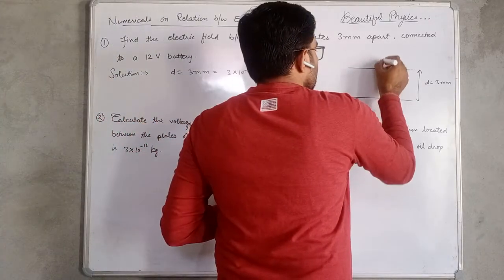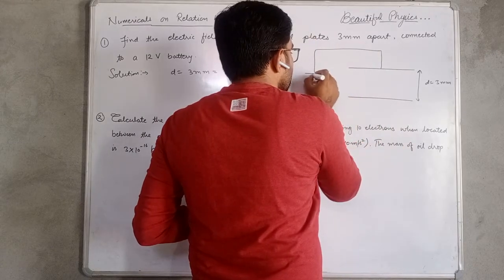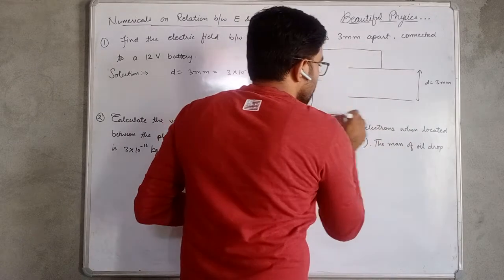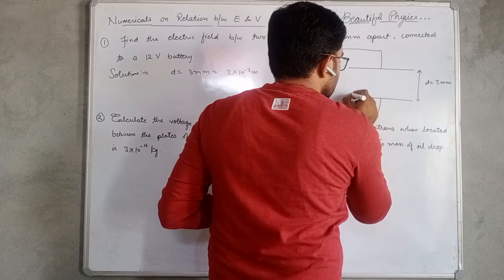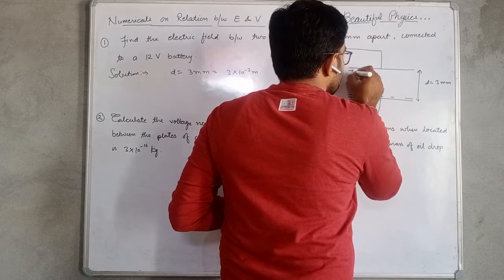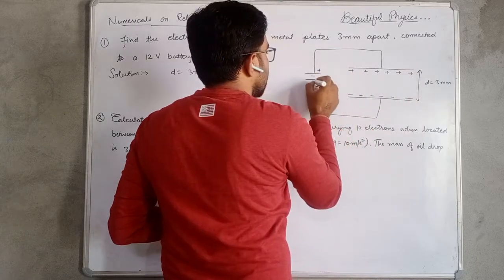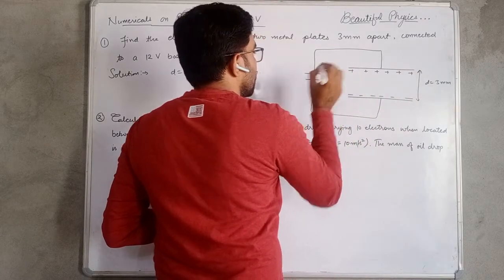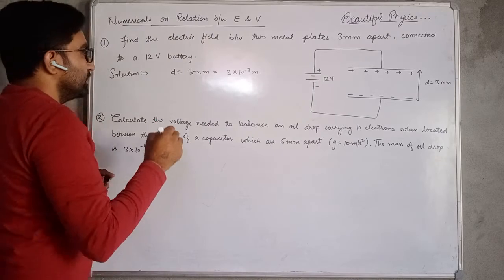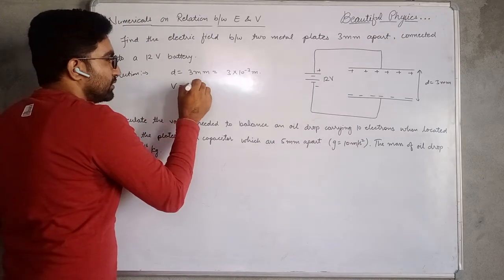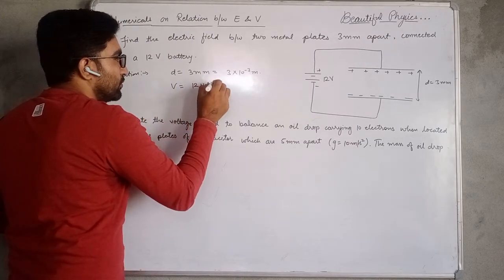Suppose this one is connected to the negative end and this one to the positive end, and it is of 12 volt. So the potential V is equal to 12 volts.